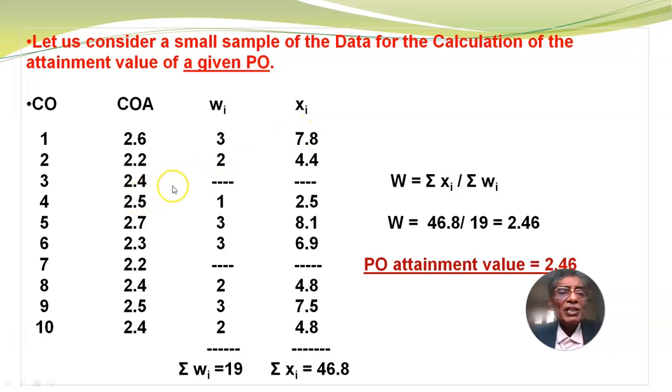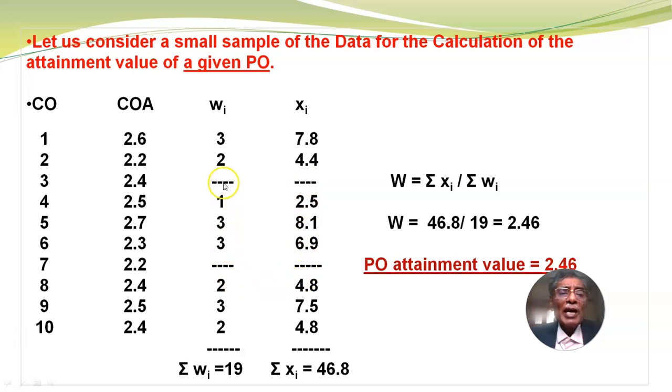Here in CO3, there is no mapping, therefore for WI you have put dash. Then you will not be calculating XI. For all such boxes where there is no mapping, you will not be calculating XI. But for all other COs, where there is mapping with either 3 or 2 or 1, you will be calculating the XI values as shown here.